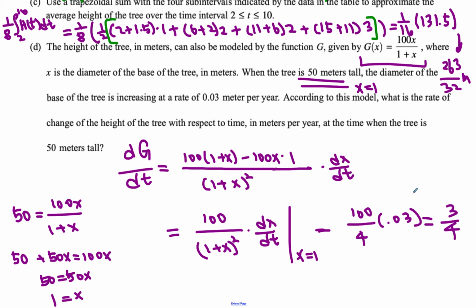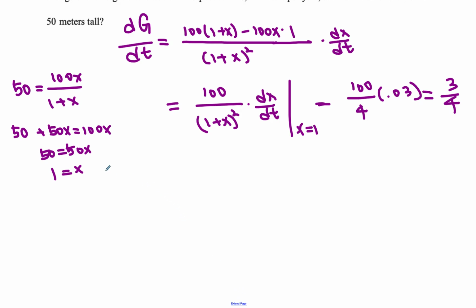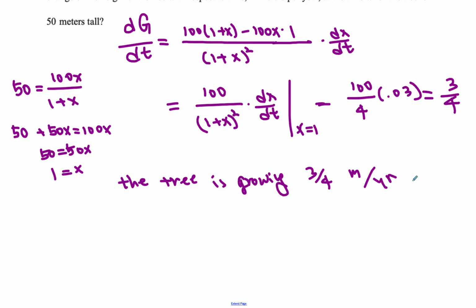That means the tree is growing 3 over 4 meters per year when it is 50 meters tall.